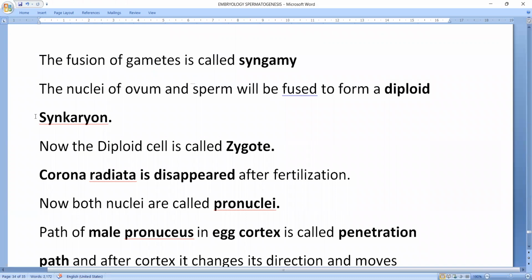So diploid syncytium is formed. So the zygote, now the diploid cell is called zygote. So immediately after formation of zygote, the cleavage starts. Okay. So this is today's class. Let's continue tomorrow.